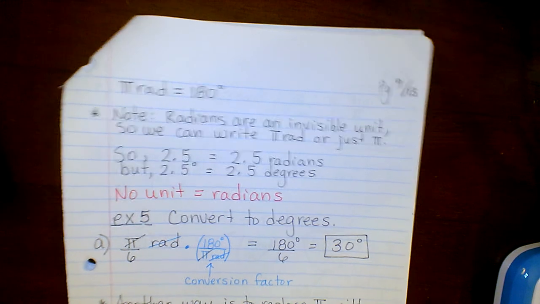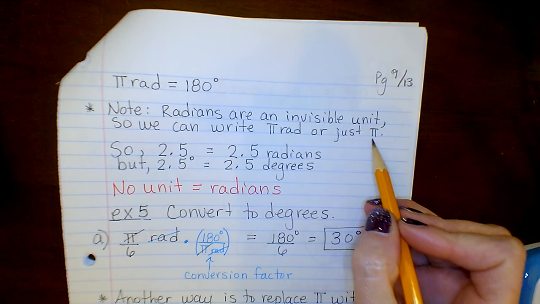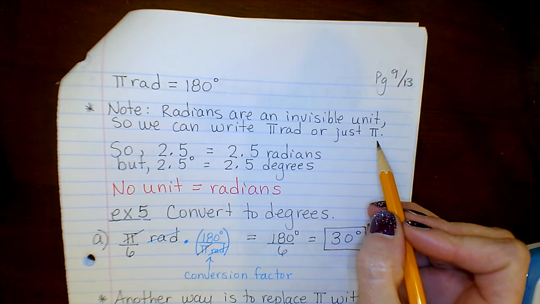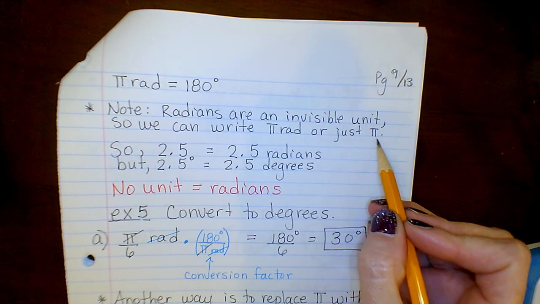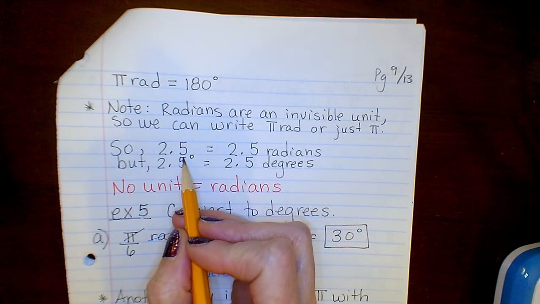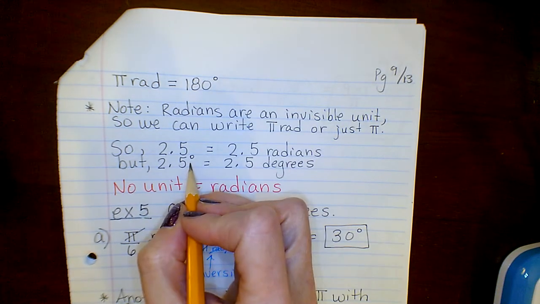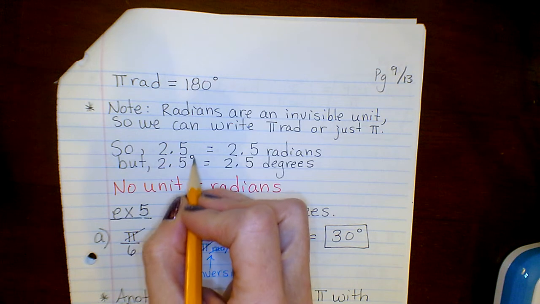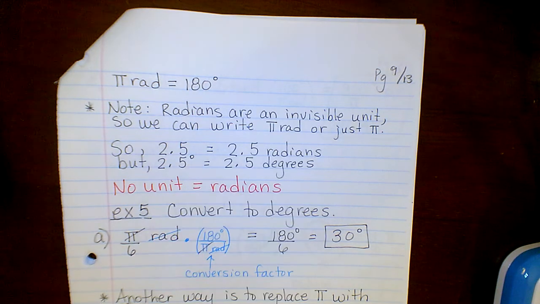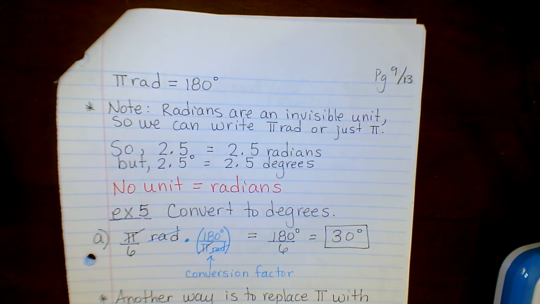So you can either write pi radians, or if you just write pi with no unit, it's assumed to be radians. So if you were writing, say, 2.5, that means 2.5 radians. If you mean degrees, you have to put that symbol, that unit, on there. If you don't put that unit, it's assumed to be radians. So it's very important that you know that.